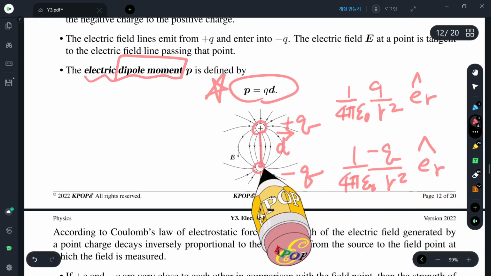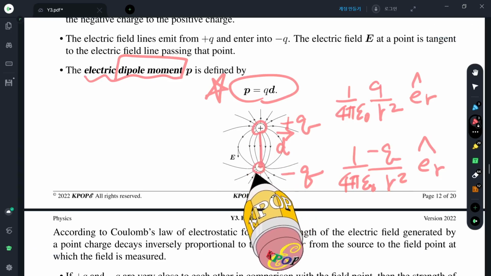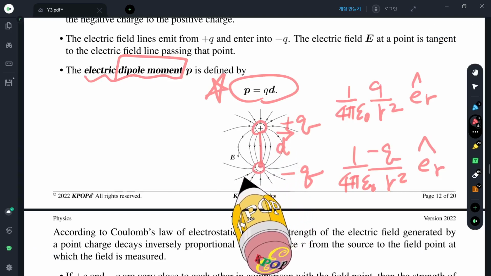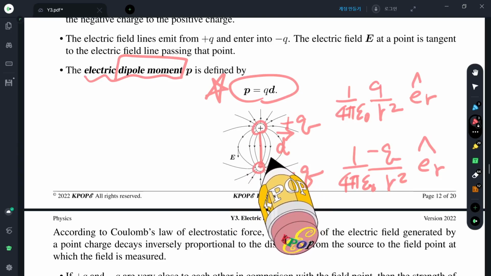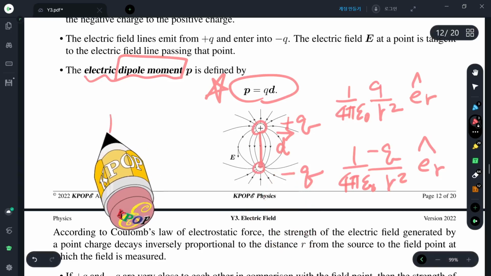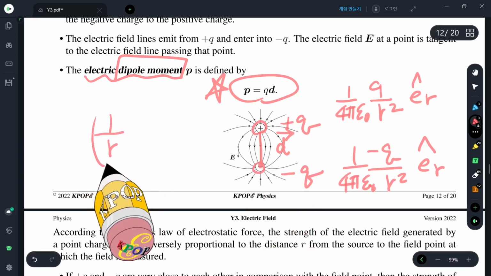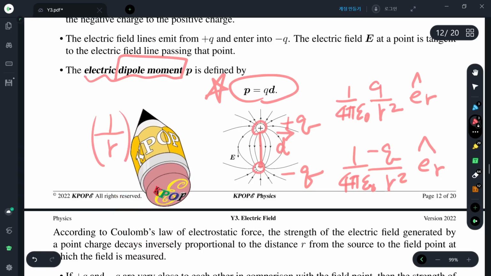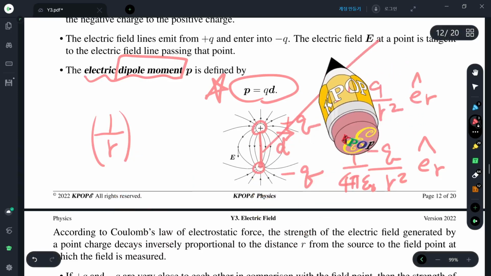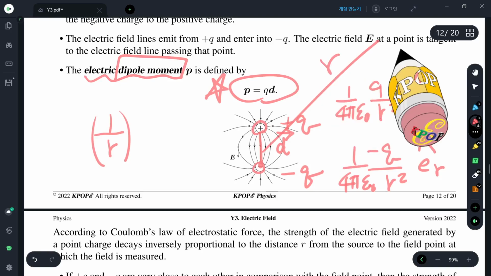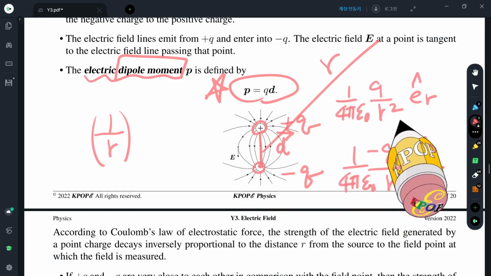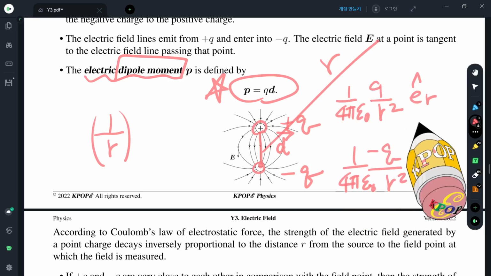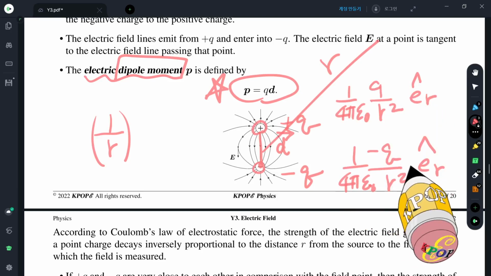However, if they are separated by a finite distance, then the cancellation is not exact. However, at leading order in 1 over r to the nth power, at a very large distance, the electric field, which satisfies the inverse square law, cancels at leading order.